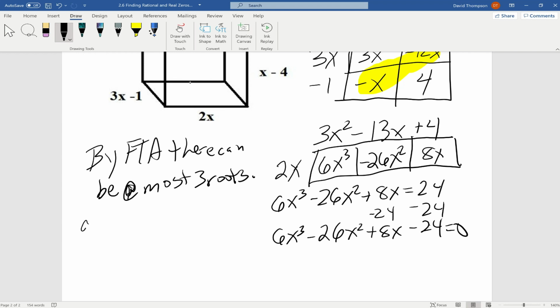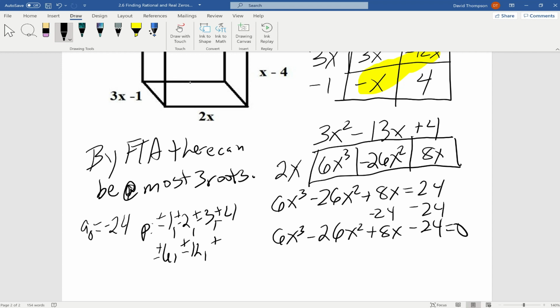So our A0, which is my P, is negative 24, and our possible factors of 24 are plus and minus 1, plus and minus 2, plus and minus 3, plus and minus 4, plus and minus 6, plus and minus 12.